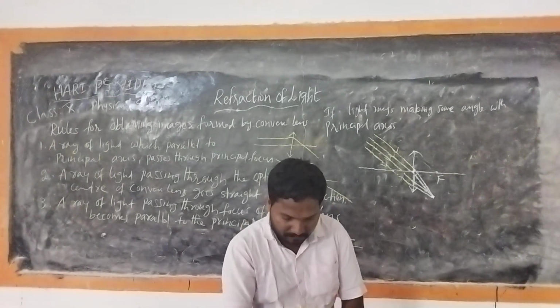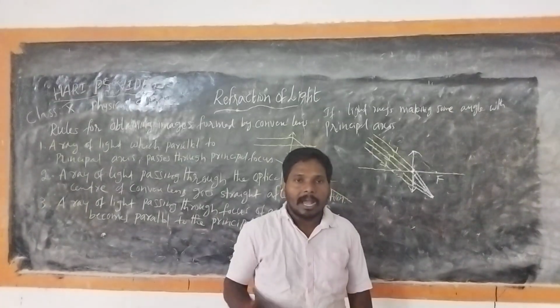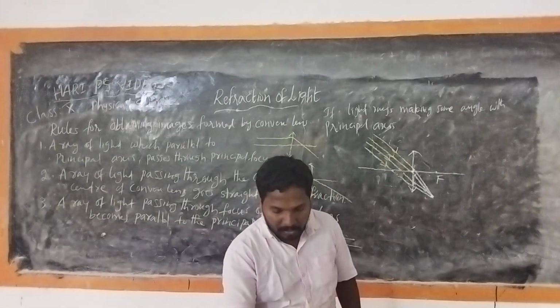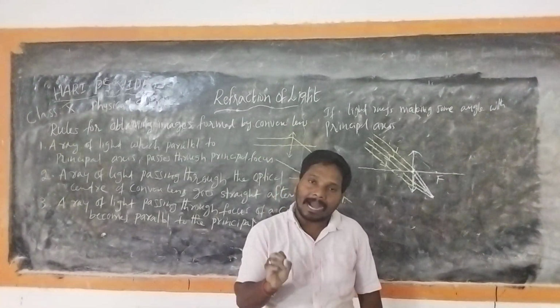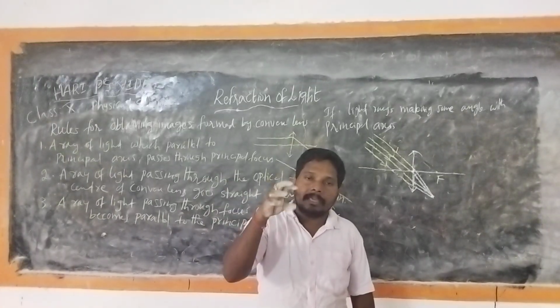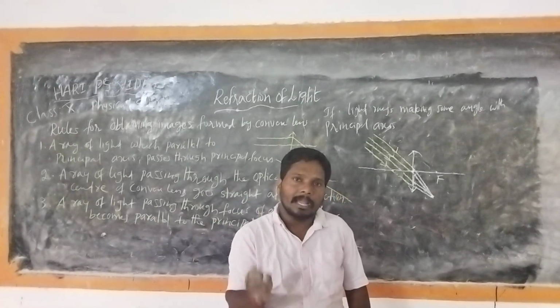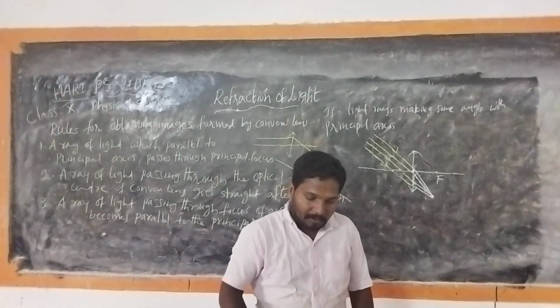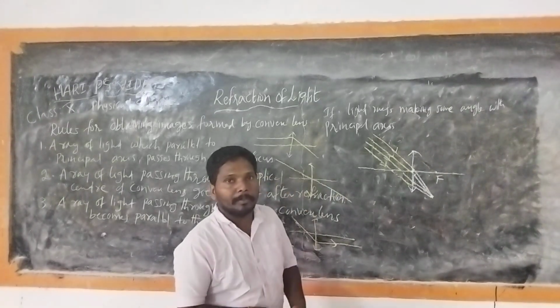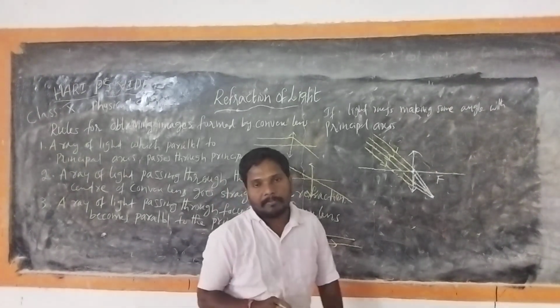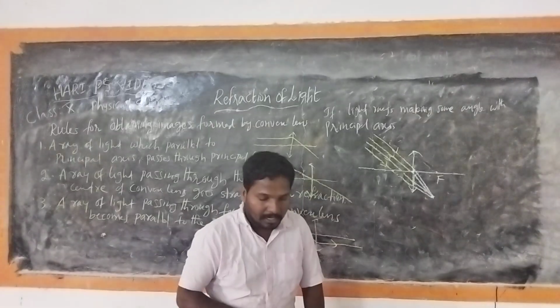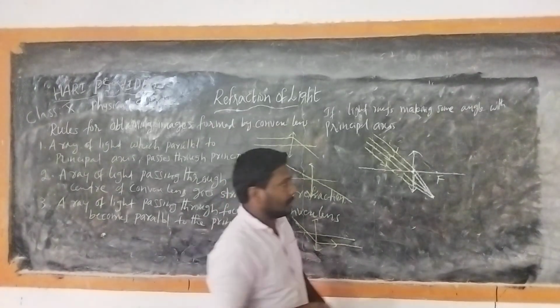After refraction, all the rays are converged at a point, or diverge from a point, lying on the focal plane.